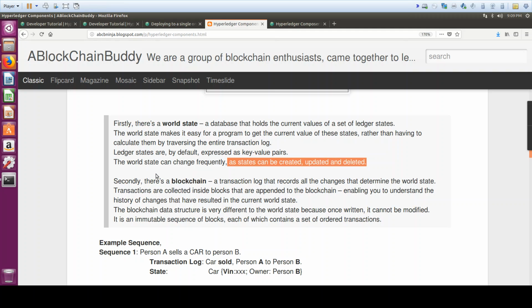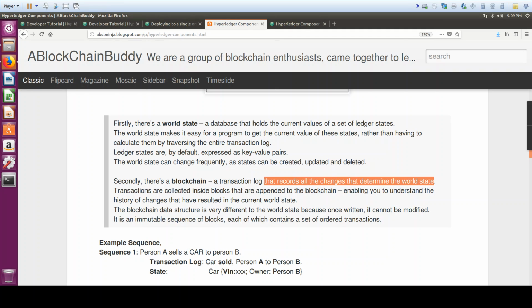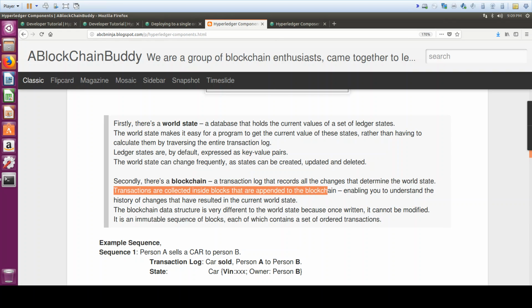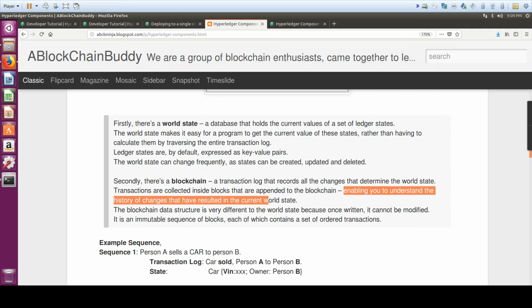Now the blockchain part, that is called the transaction log. It is a log that records all changes that determine the world state. Transactions are collected inside blocks that are appended to the blockchain, enabling you to understand the history of changes that have resulted in the current world state.